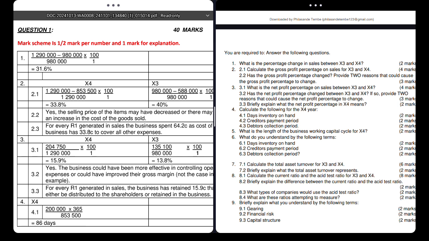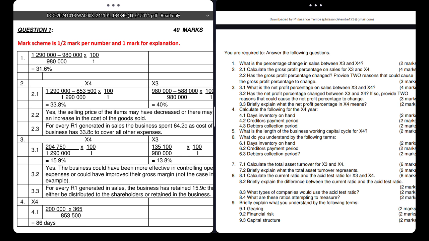So you already think about it. Gross profit is sales minus cost of sales. If your cost of sales is too large, that means your gross profit is going to be small. So you have to reduce the cost of sales. Now, if I had to answer this question, I would say there may be a lot of people stealing stock from your business, because that will add to your cost of sales.